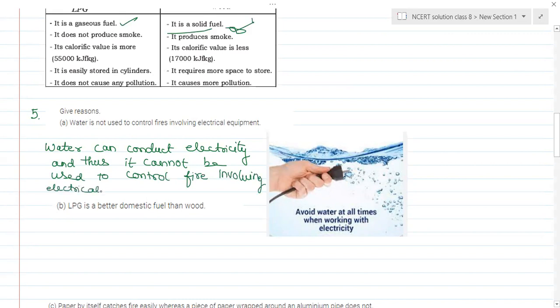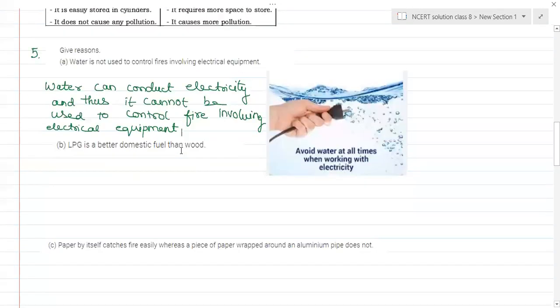Now, you don't want anyone to get electrocuted. So, while it is a fire of electrical equipment, one has to be very careful.